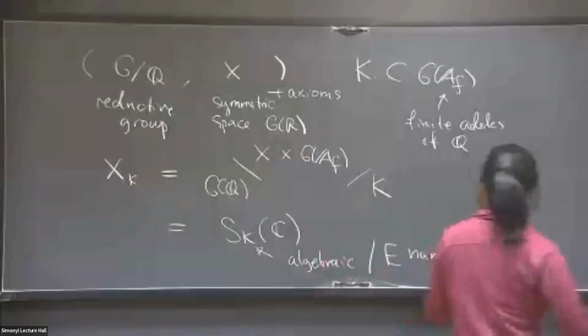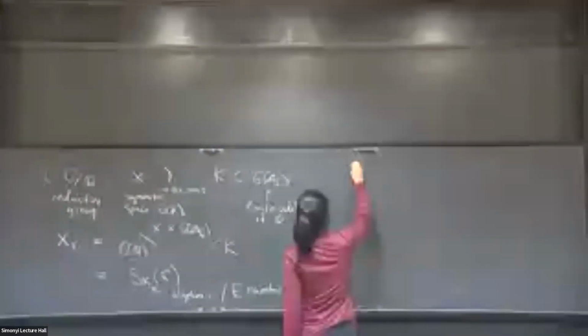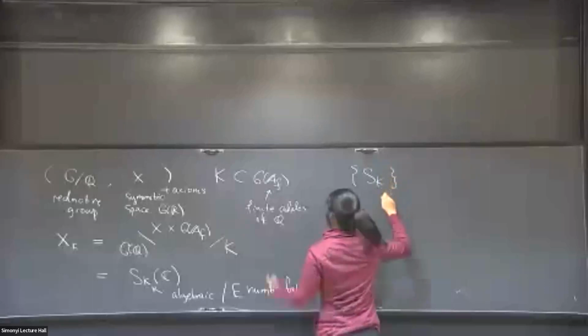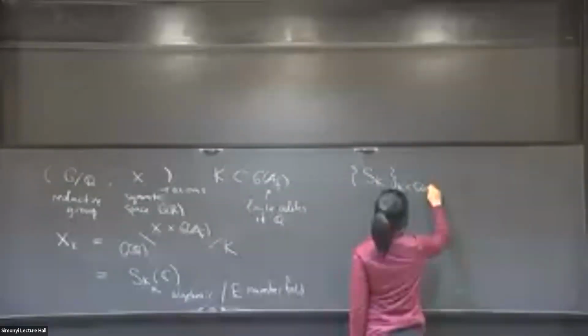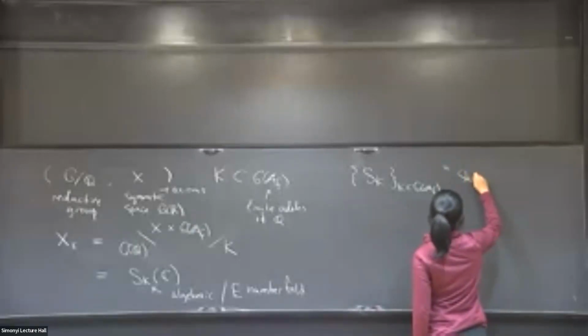So in these situations, if we look at the tower of these algebraic varieties, labeled by the compact open subgroups, this will be what is called a Shimura variety.